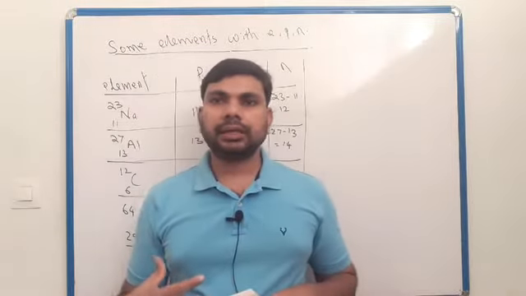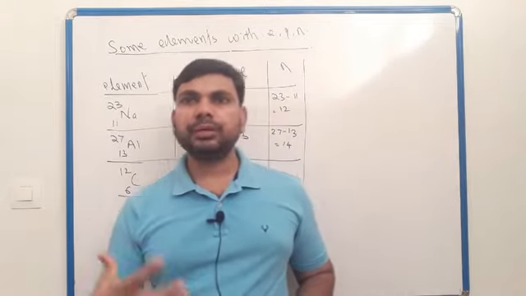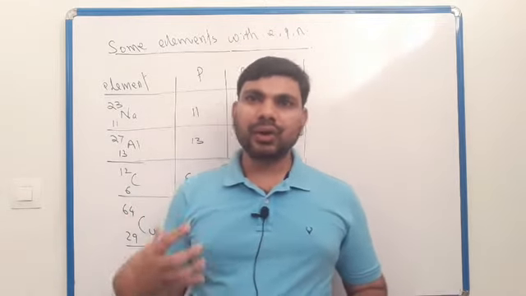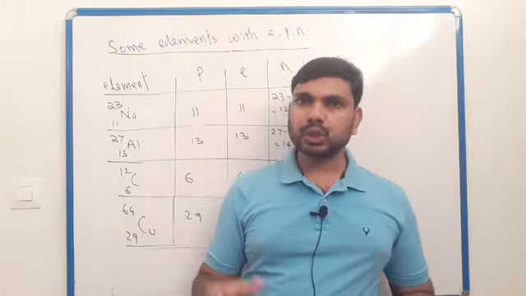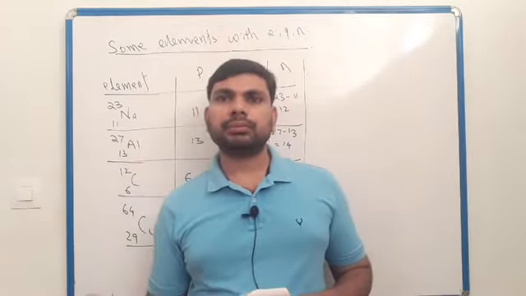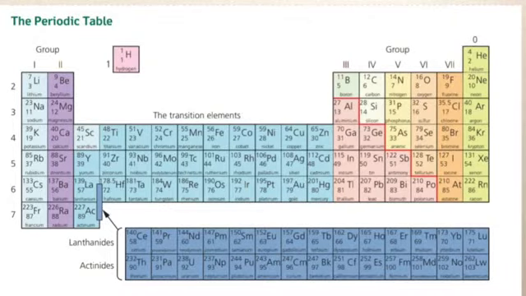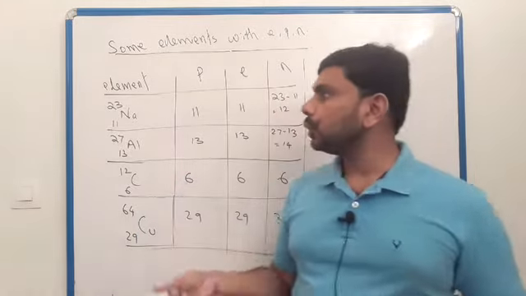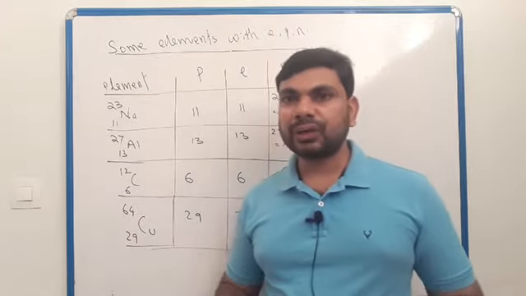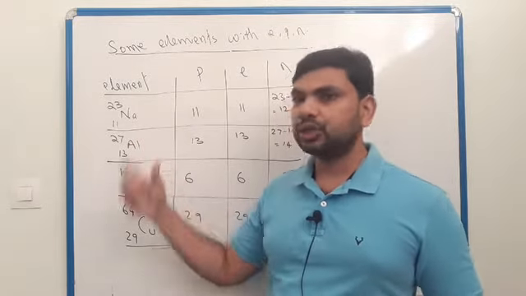We have to understand how to find the number of electrons, protons and neutrons from the periodic table. Suppose you are asked to find the number of electrons and protons of sodium using the periodic table. How can you find it? Using the periodic table, you can find the symbol of sodium, Na. There are two numbers, 11 and 23.